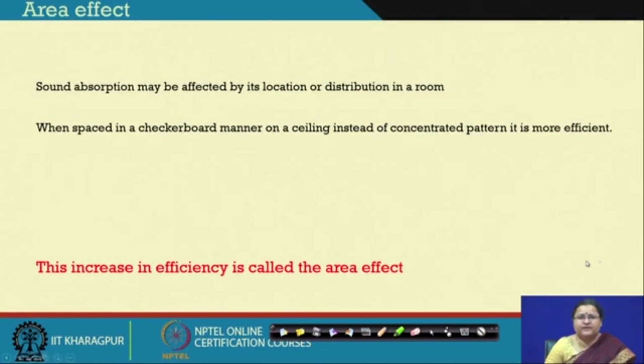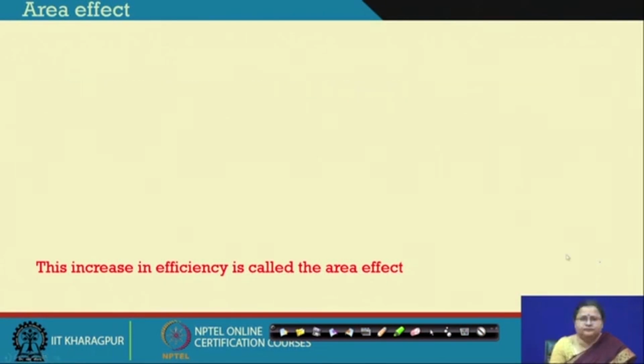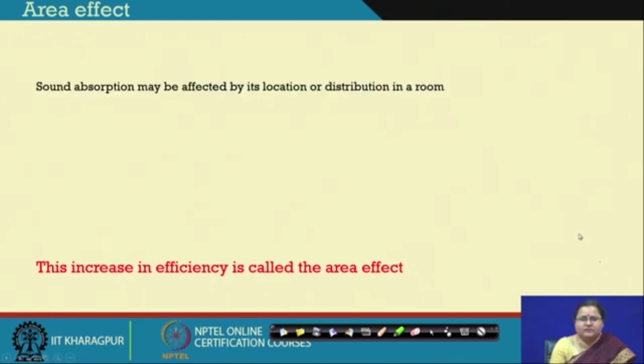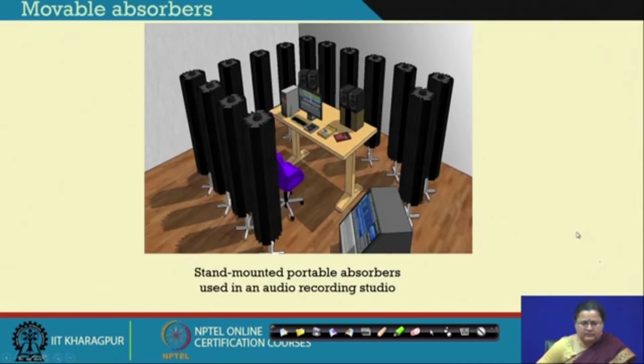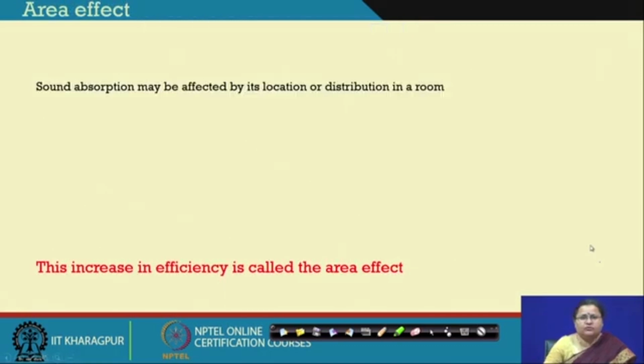So, once we have learnt all these, let us see what is the area effect. We have discussed so far that absorbers are required and you have to put them inside the room or the space which you are designing in a very effective way, so that your sound wherever required is trapped or absorbed and you are getting a good quality sound inside.